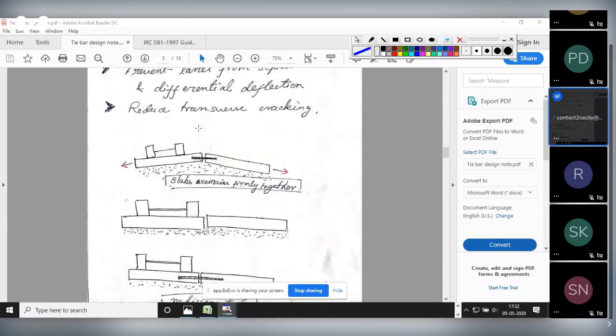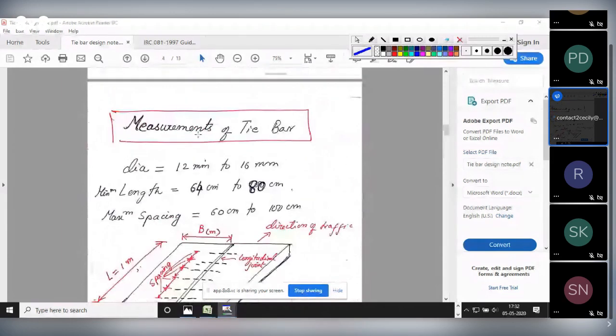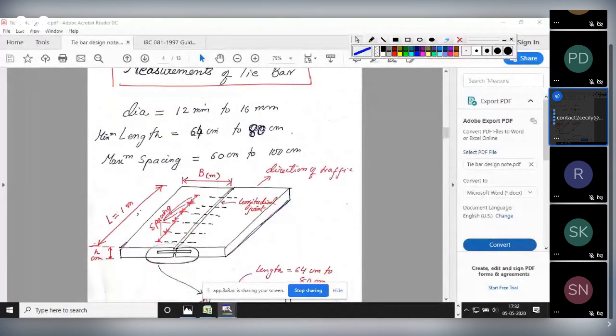Now what are the specifications? As we said, we are designing the length, the diameter, and the spacing. Before any kind of design, we generally assume the values, right? We will assume that we will take this much steel bars, this much breadth of the beam, this much depth of the beam, and we do the calculation.